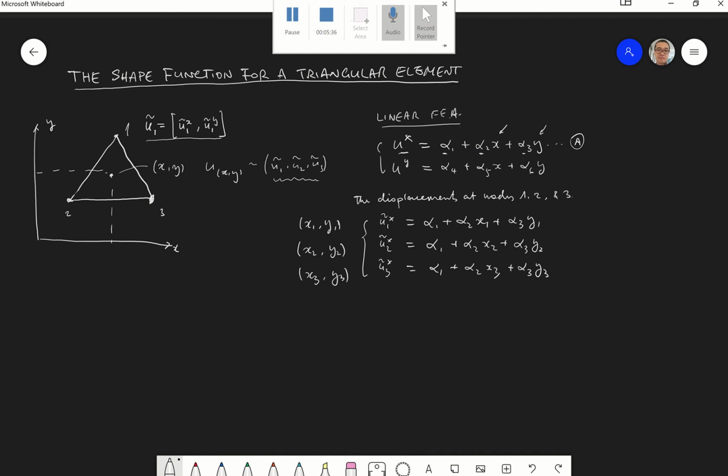Right? So now we have the equations that allow us to solve for the alphas.